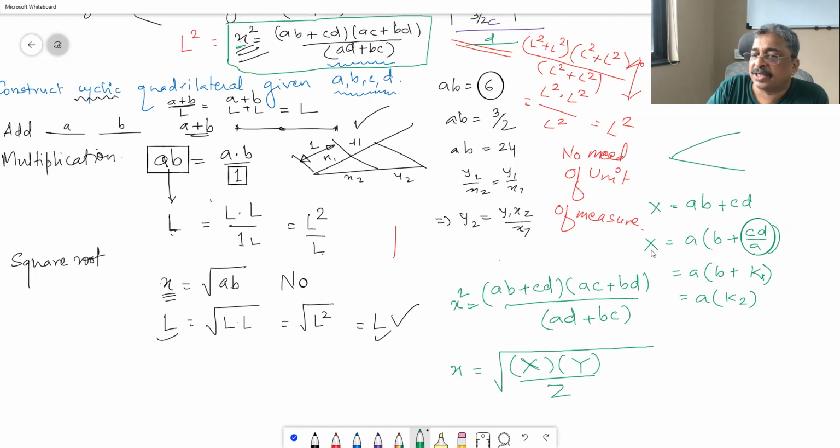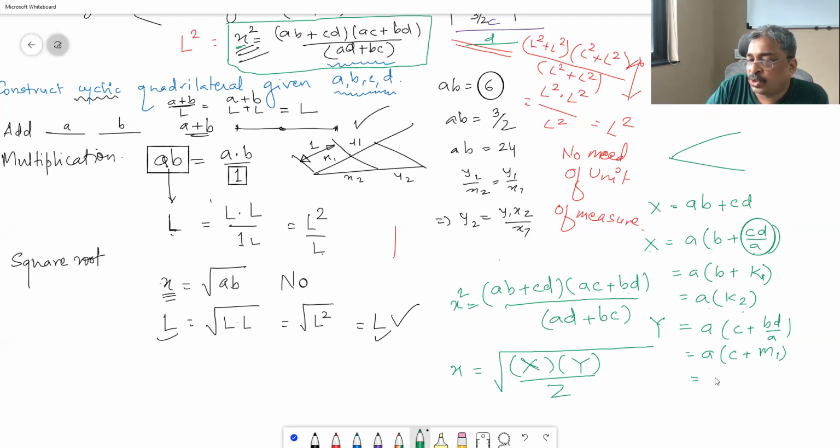We will not be able to construct X because LHS is 1 segment, RHS is 2 segments. So X is not doable, but still I am keeping it just like that because who knows, I will get some clue later on. Similarly, for Y, if I take A common out, I get A into C plus BD upon A. BD upon A, I can, of course, construct. So A into C plus M1, and I can construct the M1 segment.